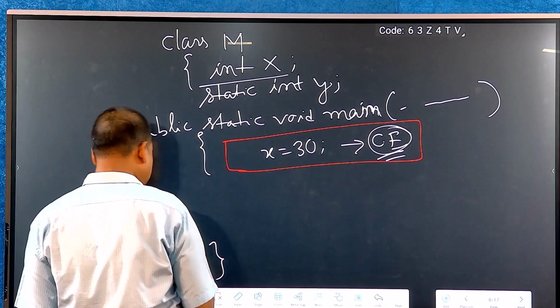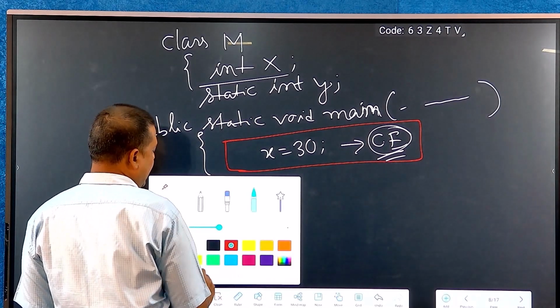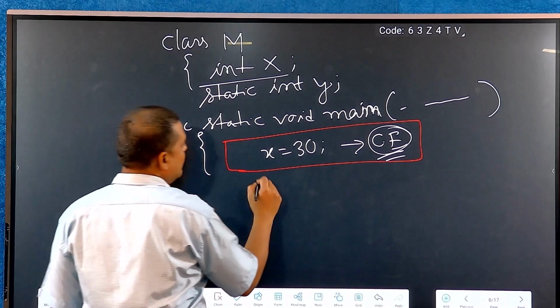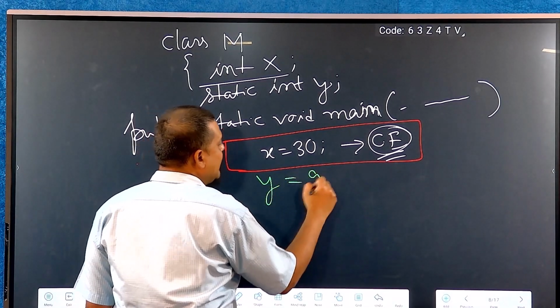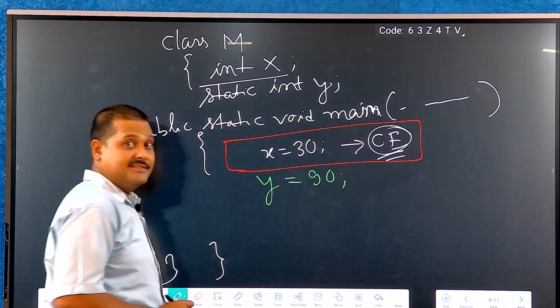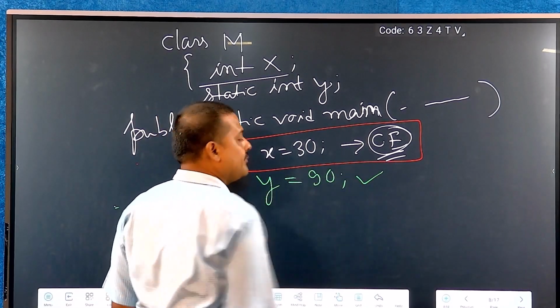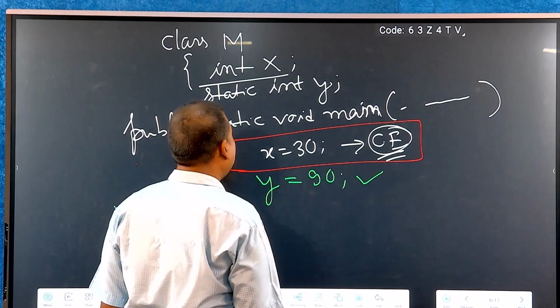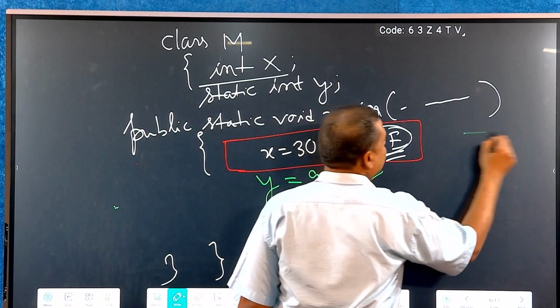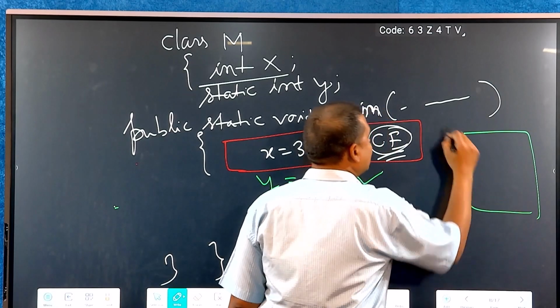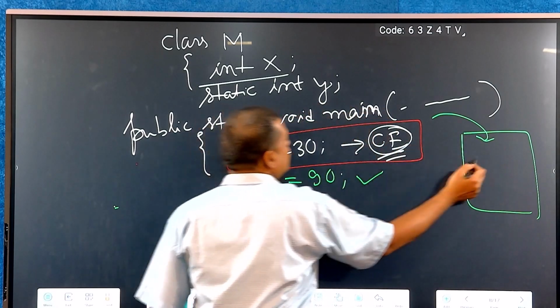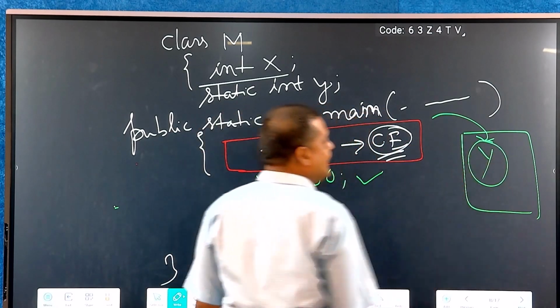Now, in this place, if I write y equal 90 directly, yes, it will be correct. This code will be correct, because what will happen inside memory at the load time? The static variable y is already inside the memory.